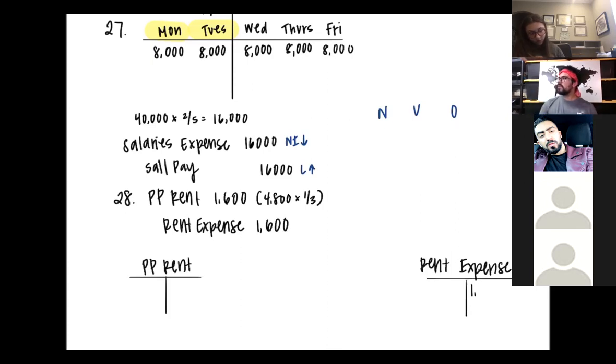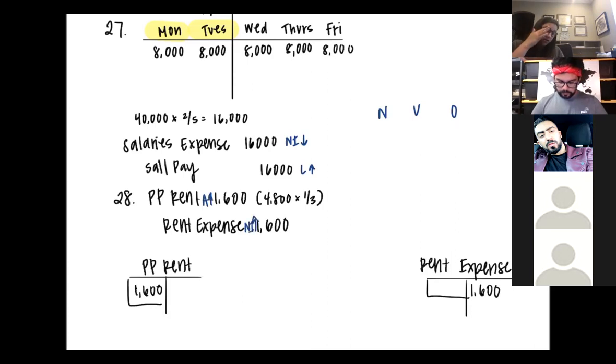Rent expense has a normal debit balance, and we are crediting it. So prepaid rent increases our assets, and crediting rent expense increases our net income. So in terms of assets, our assets were understated because we didn't debit that prepaid rent. In terms of liabilities, nothing is affected because neither of these accounts affect liabilities. And in terms of net income, if we're taking out some of our expenses, then our net income is going to go up, which means our net income was understated.